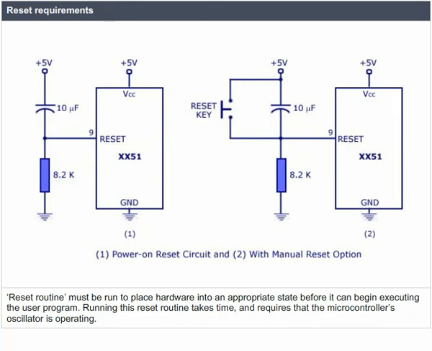Reset requirements. A reset routine must be run to place hardware into an appropriate state before it can begin executing the user program. Running this reset routine takes time and requires that the microcontroller's oscillator is operating.